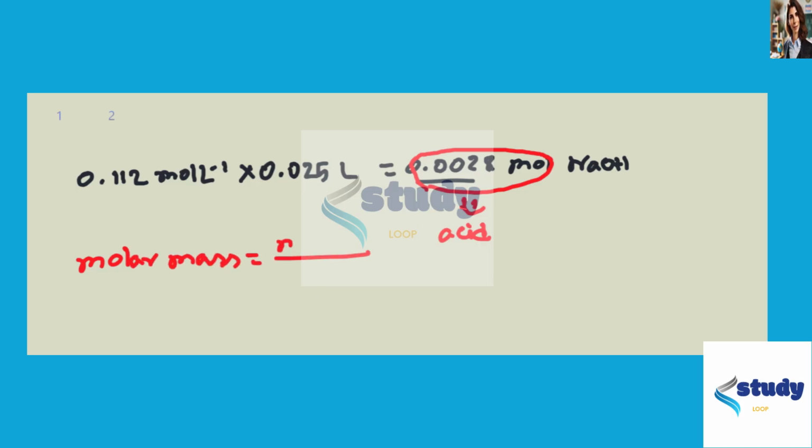the number of moles equal to mass by molar mass. That means the molar mass will be the mass of the acid over the number of moles.